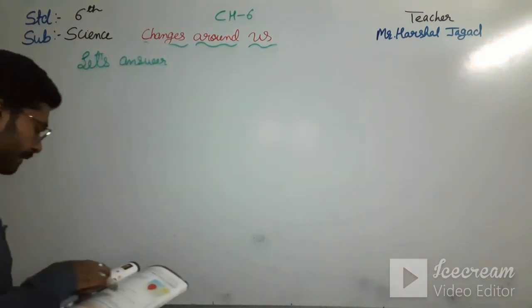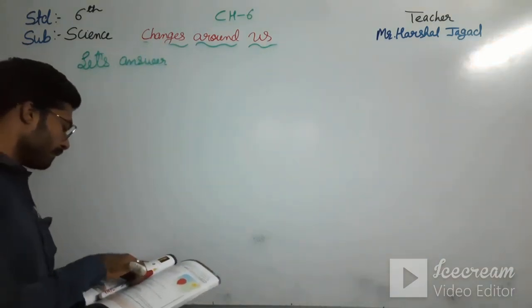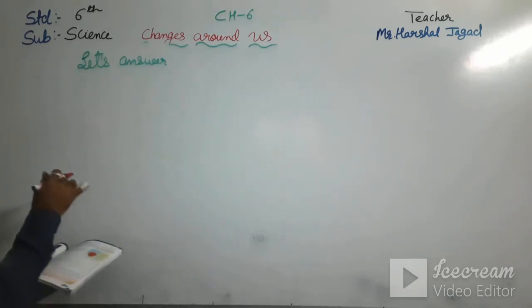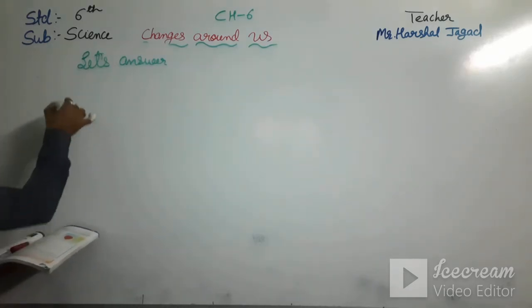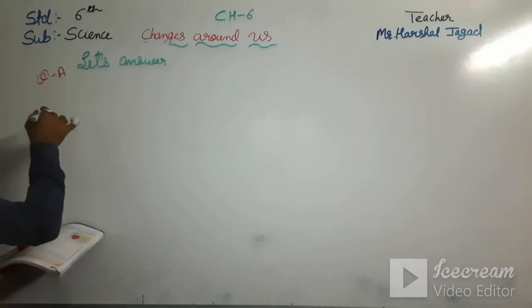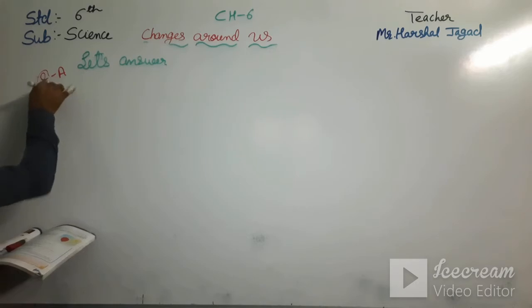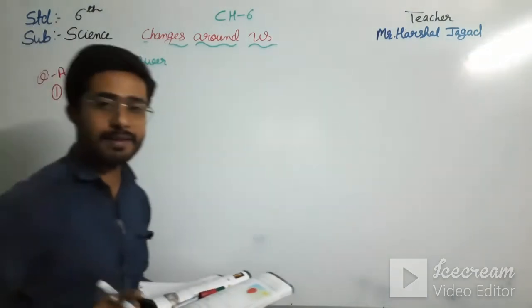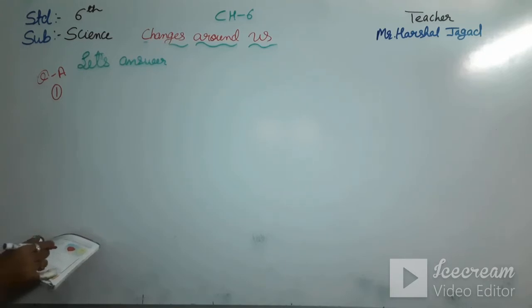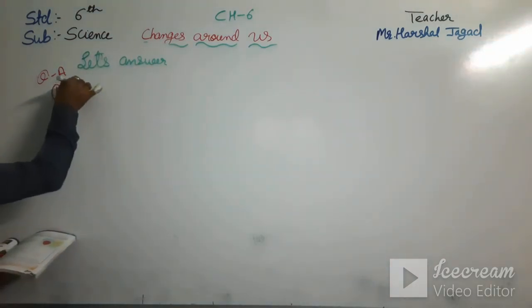The first is melting. So, what is melting first of all, students? That is ice to water. That is question number 8. Match the following. Melting. In that I am just directly writing the answer. Okay, students. So, melting. Melting is ice to water. That is C.